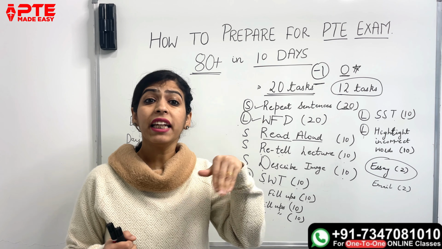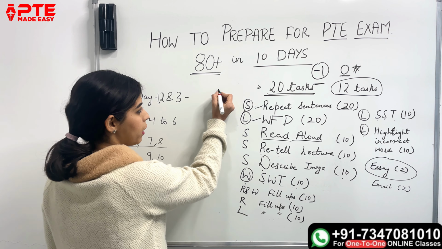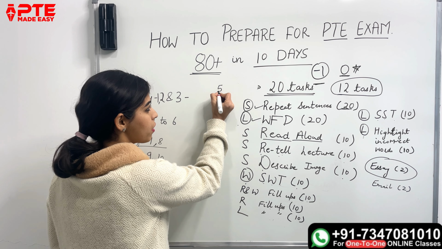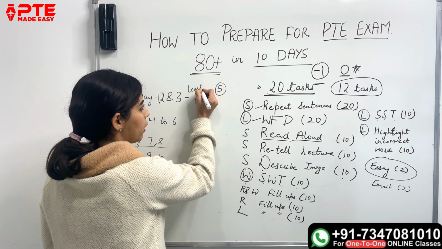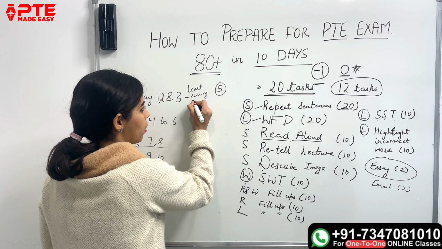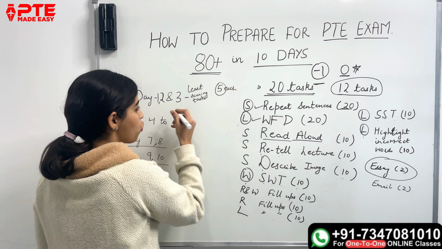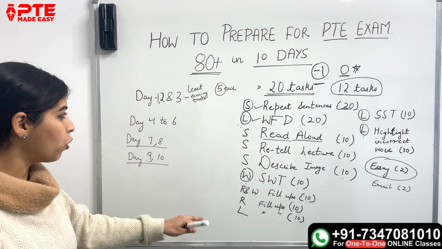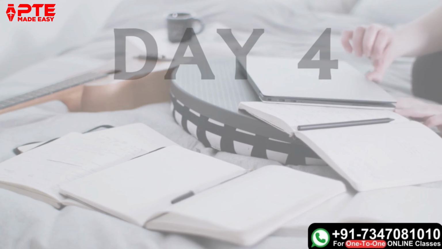So for the remaining 8 tasks, you can simply practice 5 each day. So the least scoring tasks will be practiced 5 each day. So this is the strategy that we are going to follow for day 1, day 2 and day 3.